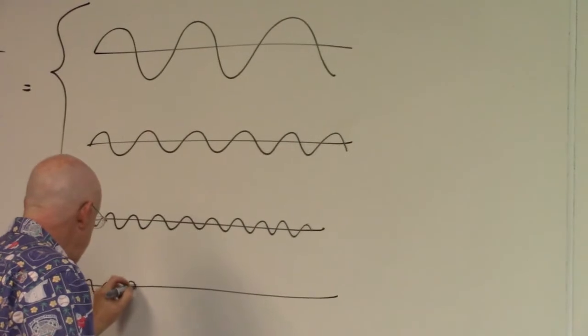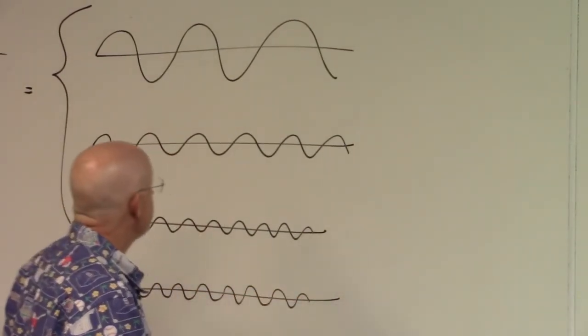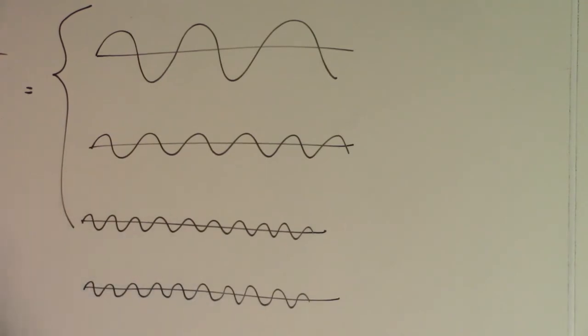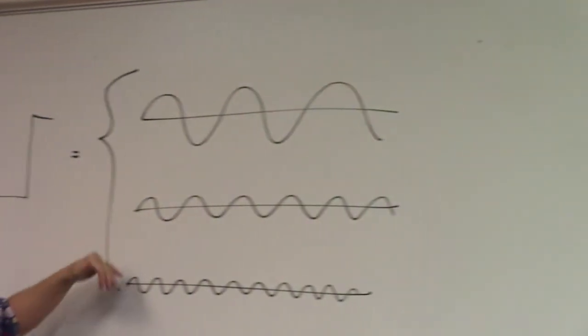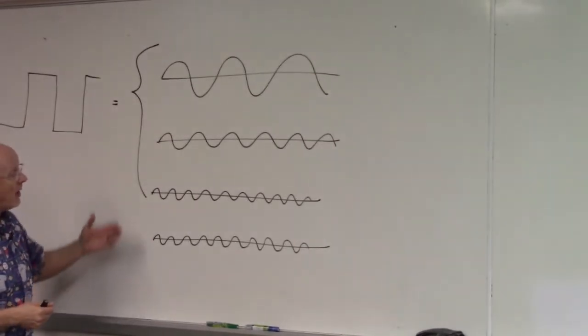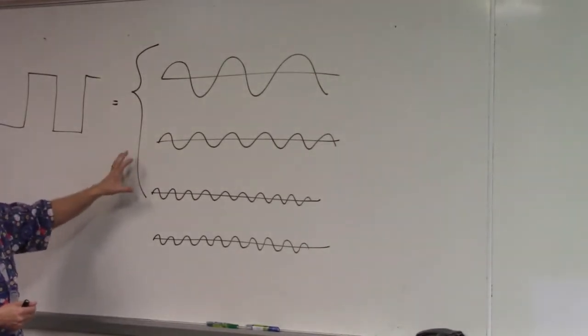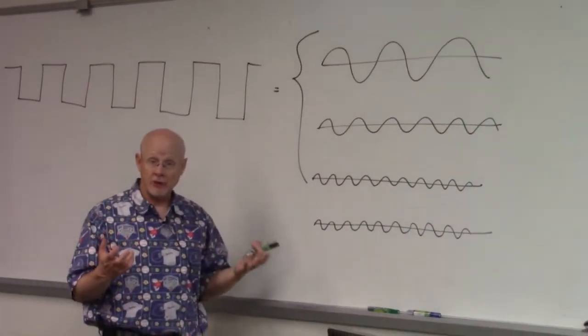What I'm trying to convince you of, and this is the point of the lab, is that what looks complex is actually made up of the sum of a bunch of simple waves. And to figure out what the amplitude and the frequency of these are, we have a mathematical technique called a Fourier transform.